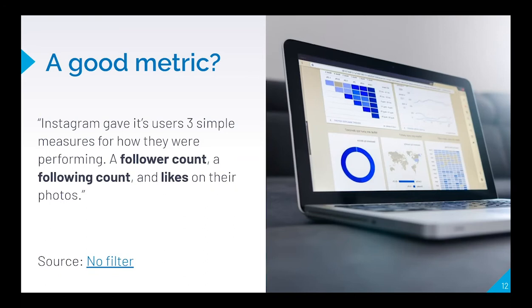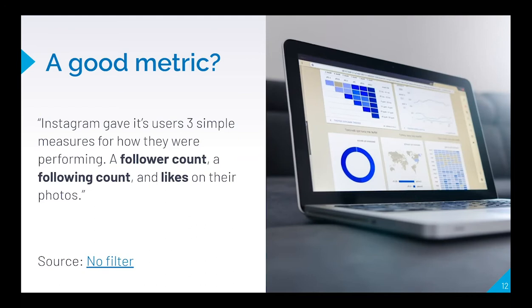So in terms of their users, Instagram gives users 3 simple measures. That's the follower count, the following count, and the number of likes. And for some of us who use Instagram religiously, you probably know right now how many followers you have, how many people you follow, and on average how well your posts do.